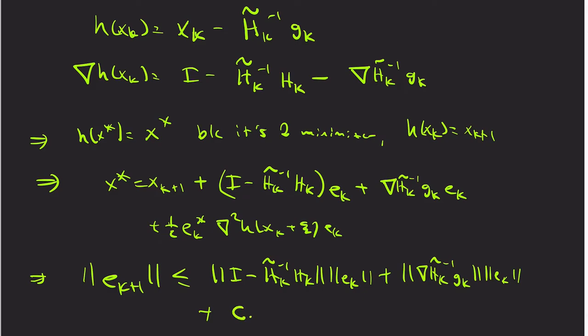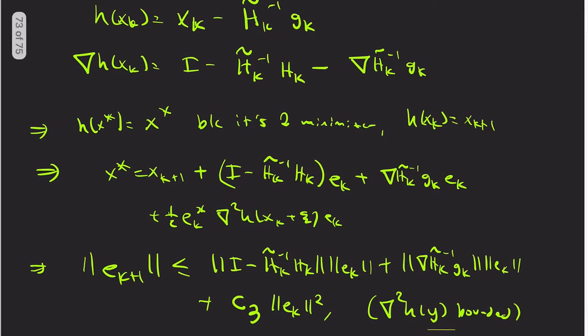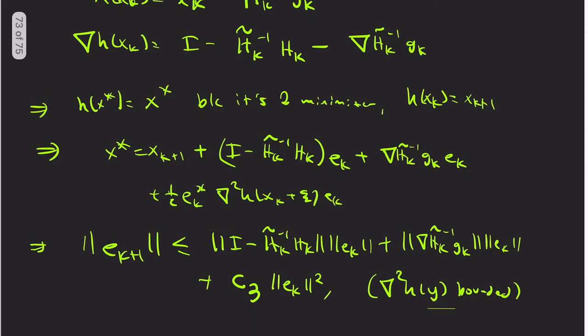And I'm going to just call this C3. Where I'm going to assume boundedness. We're not going to be super rigorous here, but you can think about it as we have a finite search region. And so, if I have C2 continuity on a compact domain, I have boundedness of that term.